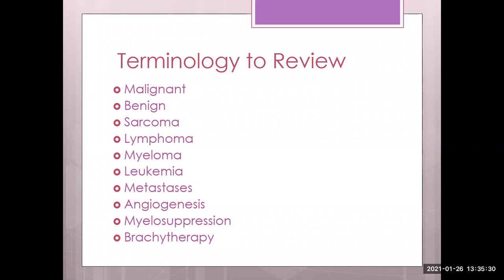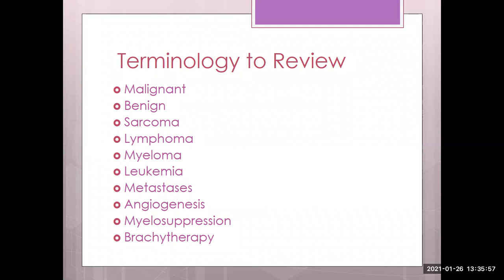The next couple slides are just terminology for you to review. I've made a Quizlet and it'll be posted to your course. It's optional, but it has the different terms and it has some other study material for this unit in it. You're not going to necessarily need to know the exact definition of it for testing purposes.